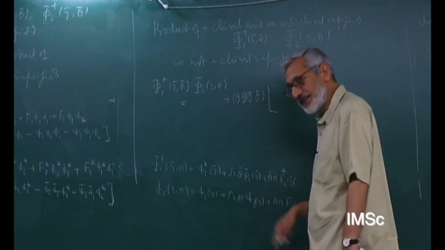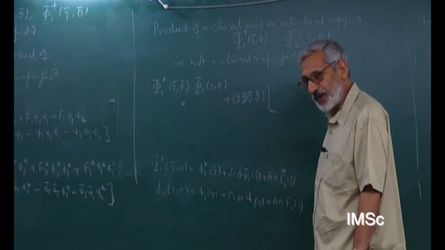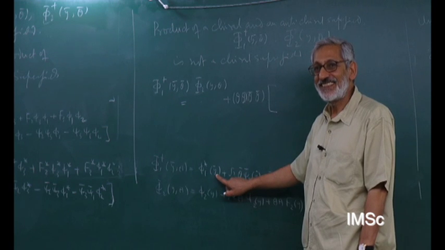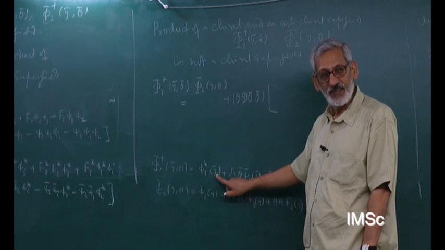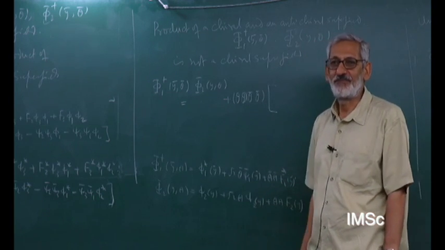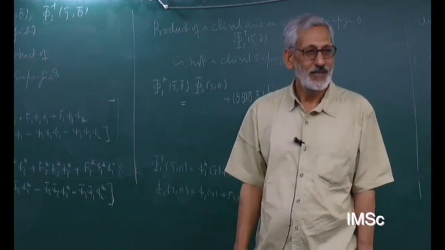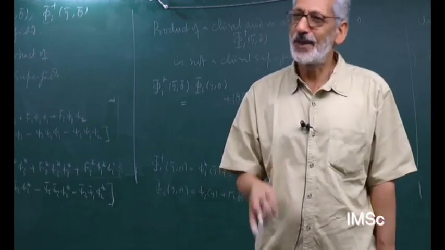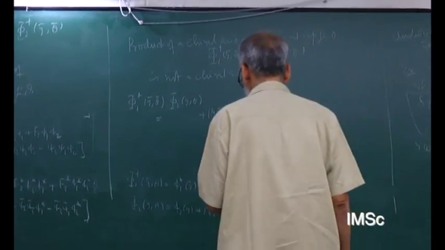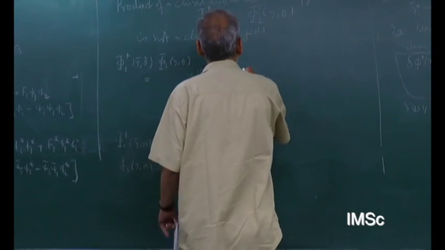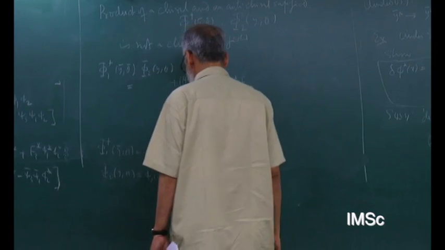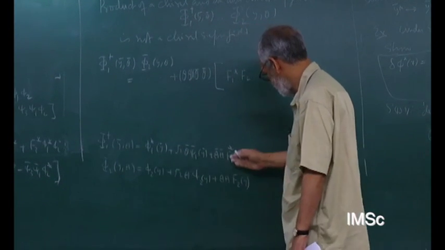This is a long exercise. After you take the products, write y as a function of x and y bar as a function of x, and pick up this term. This is the interesting term in this product, so that's why only this term. What is the structure of this term? That's straightforward.